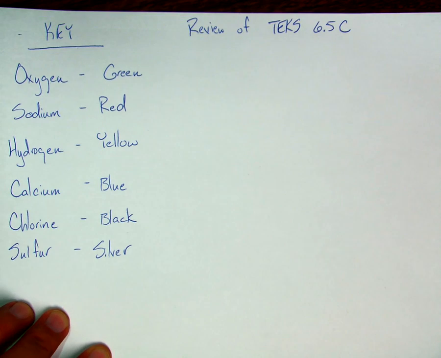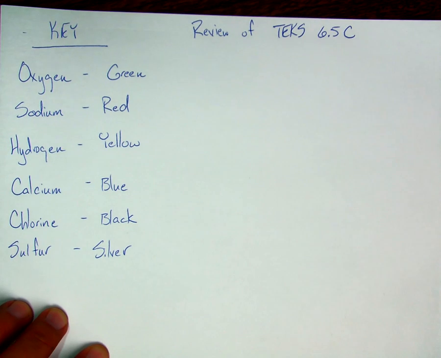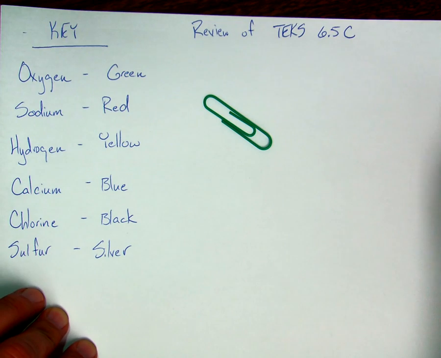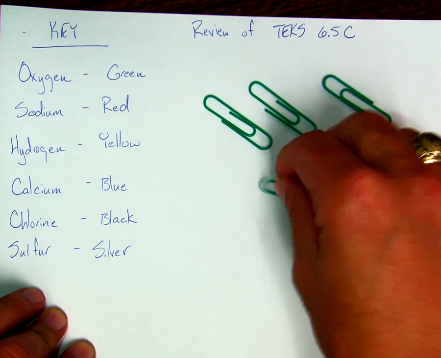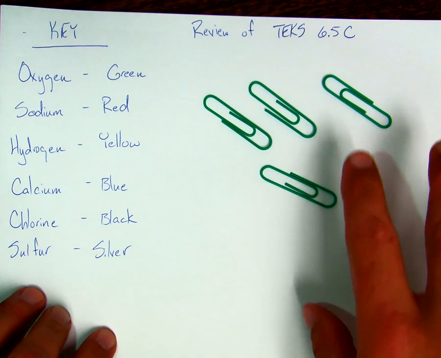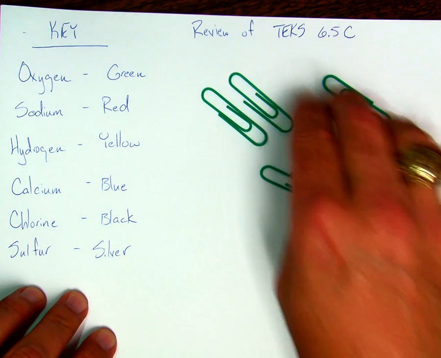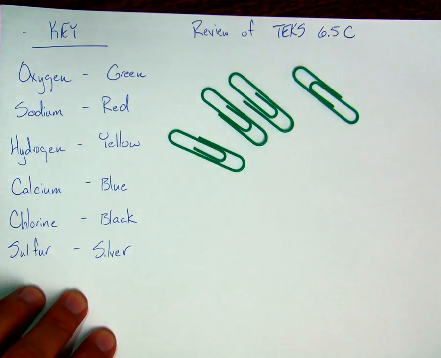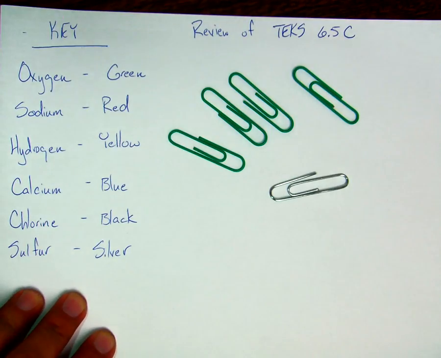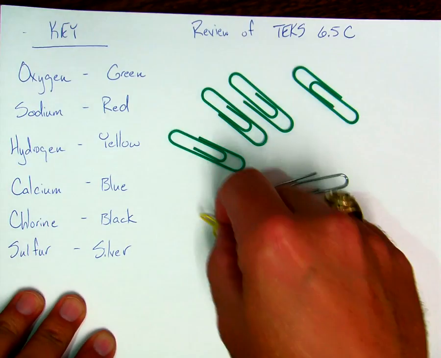Okay. So the next thing that we're going to show you, we'll go back, take a second to identify this particular representation. It is going to be 4 green paper clips, which is oxygen, and then we'll throw this one out there. That's going to be silver, and then we'll have 2 of these yellow ones.